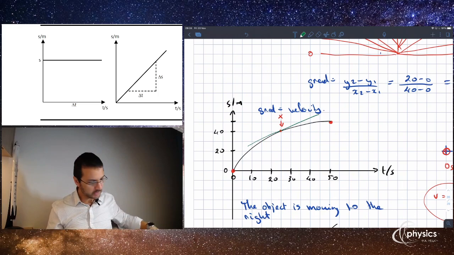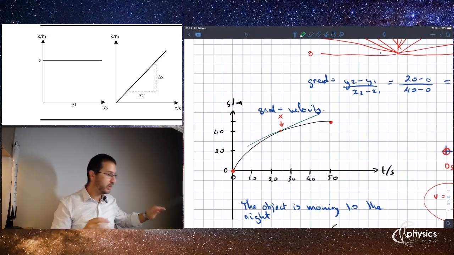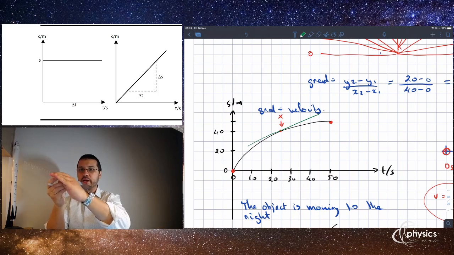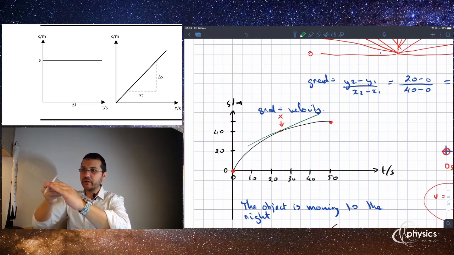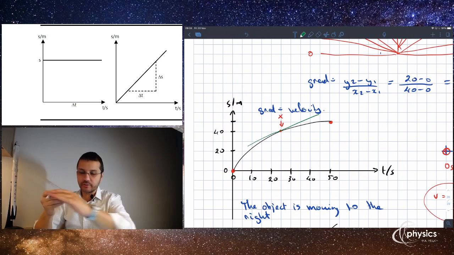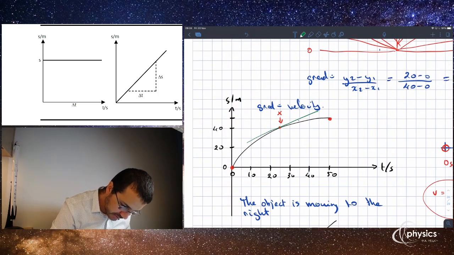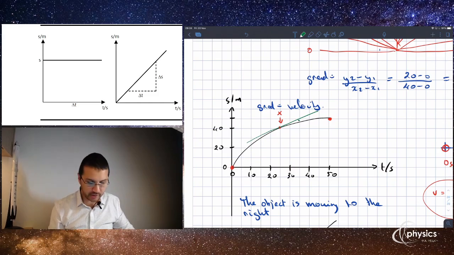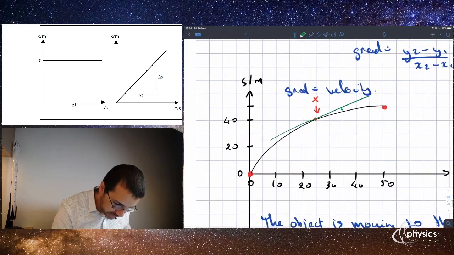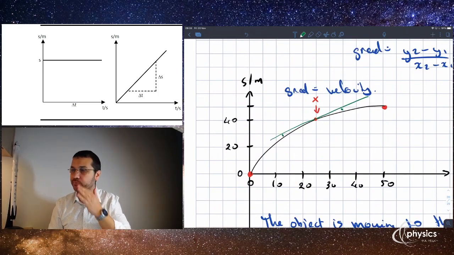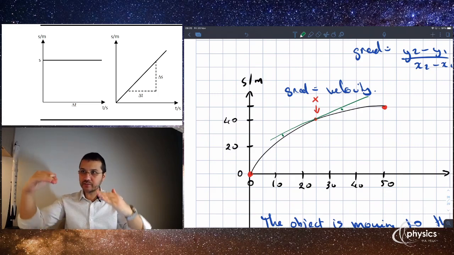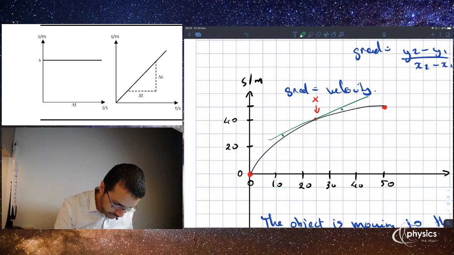So, take your ruler, this is the curve, take your ruler, and touch the ruler at the point where you need to find the instantaneous velocity, and move the ruler until it is balanced on the curve. The amount of space between the tangent and the curve on one side should be approximately equal to the space on the other side. So we have to balance the line on the curve. And when you balance the line on the curve, that would be your tangent.